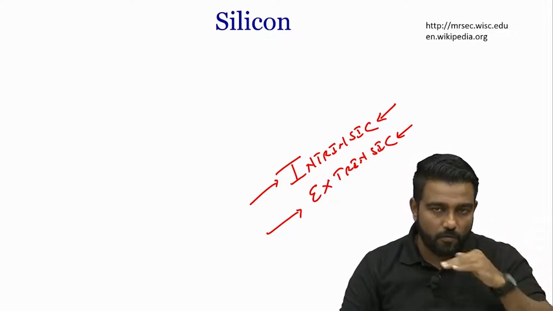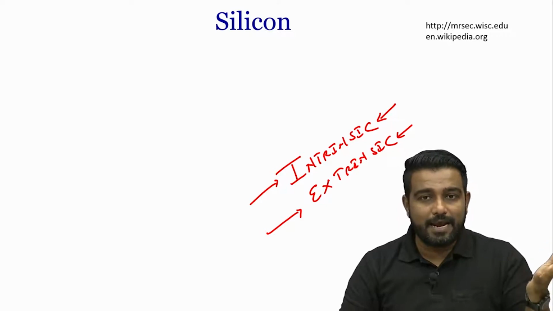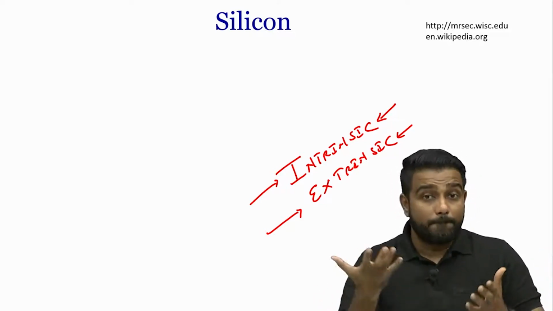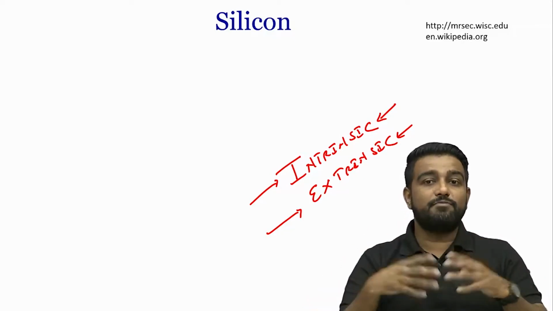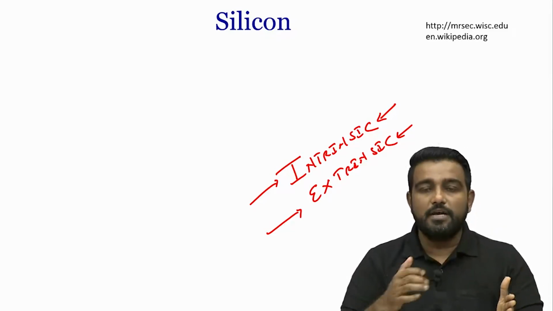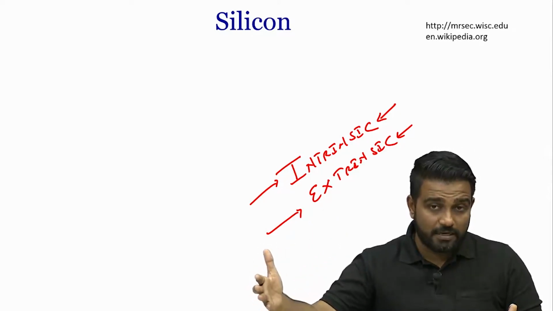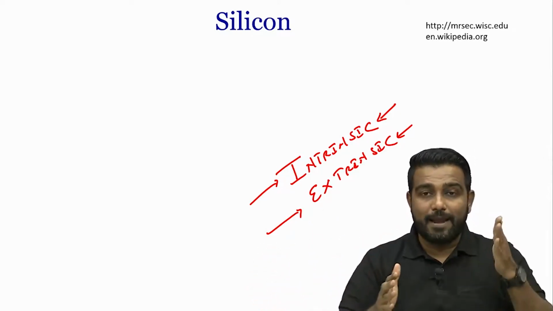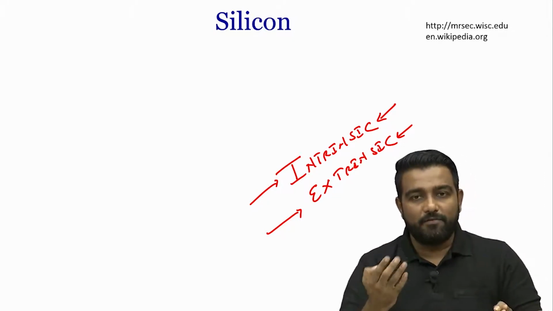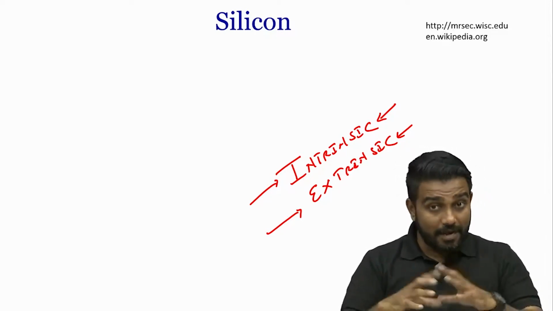When you dope a silicon wafer with pentavalent impurities, it becomes N type. When you dope a silicon wafer with trivalent impurities, it becomes P type. And then the types of wafers that you can identify are 100 orientation, 111 orientation and 110 orientation. Is it N type or P type? So, N type 110, P type 110, N type 111, P type 111, N type 100 and P type 100. These are the classes.